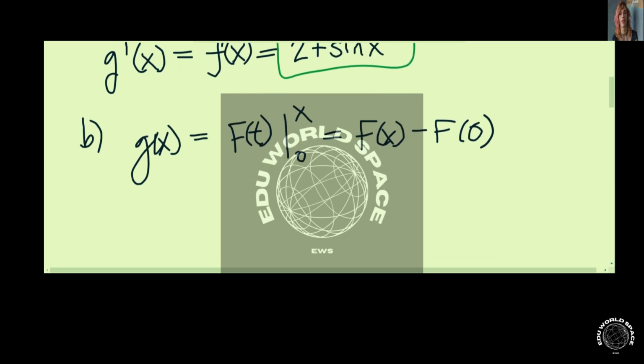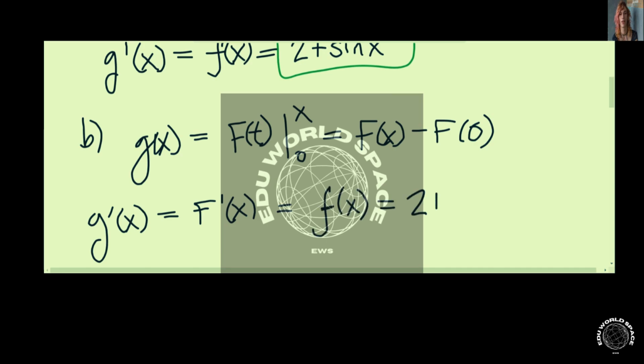In differentiating, we get that g prime of x is the derivative of this, which is f prime of x, and then F of 0 is a constant, so its derivative is simply 0. And by definition, big F is the antiderivative of little f, so this is equal to little f of x, which, plugging in, this is 2 plus the sine of x.